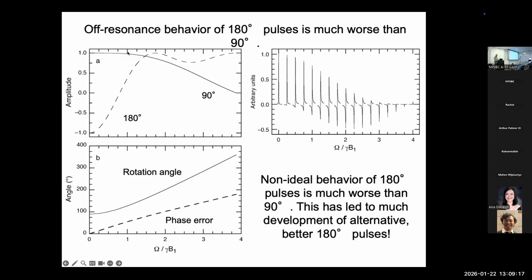You have pretty close to full intensity of transverse magnetization. But down here, the dashed line is the phase of the transverse magnetization. So there's the phase error associated with the off resonance pulse because the magnetization already starts to precess as it's rotating from the z-axis during the pulse.